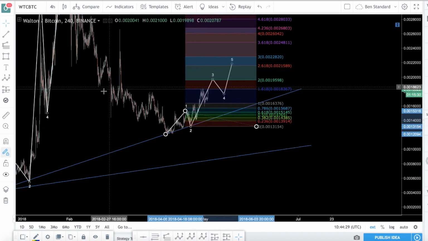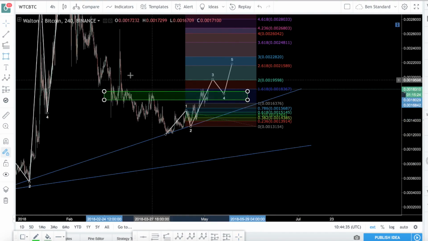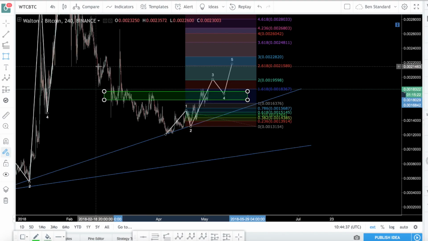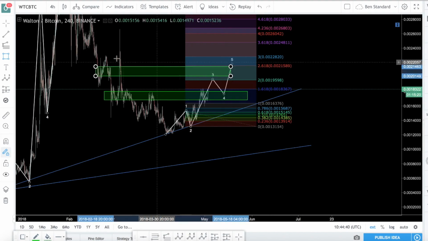And if we check the resistance zones here, we can see one here and we can see one here. So we've already passed this point, so my guess is that we're going to land around this next resistance area.